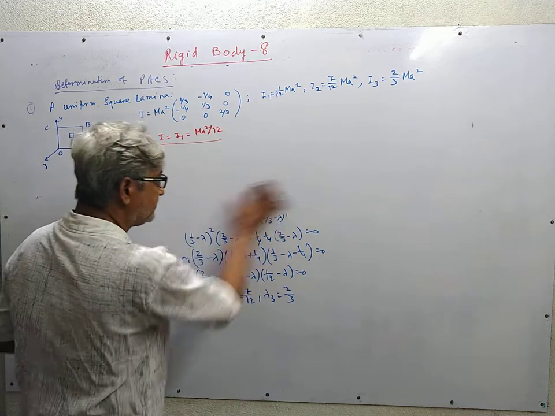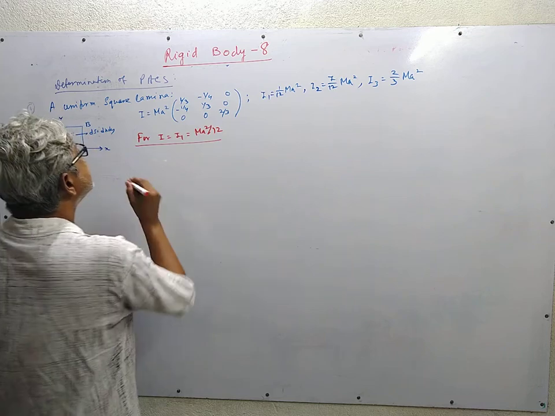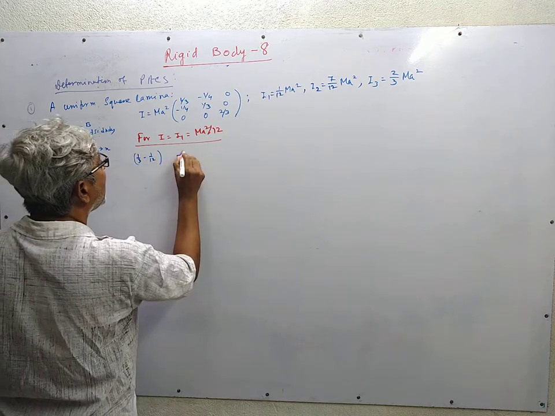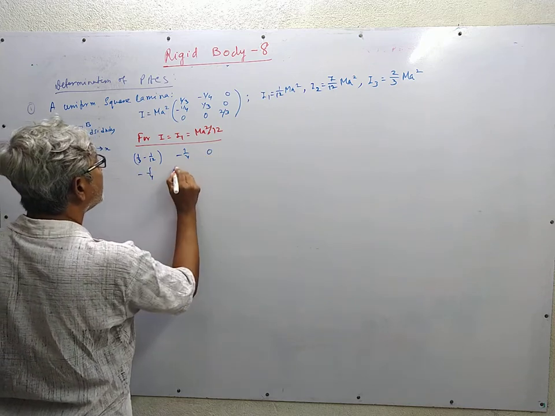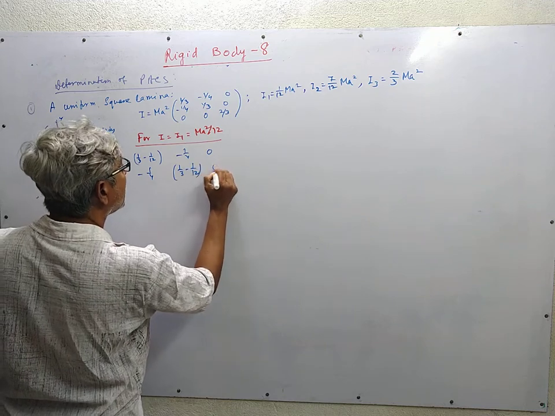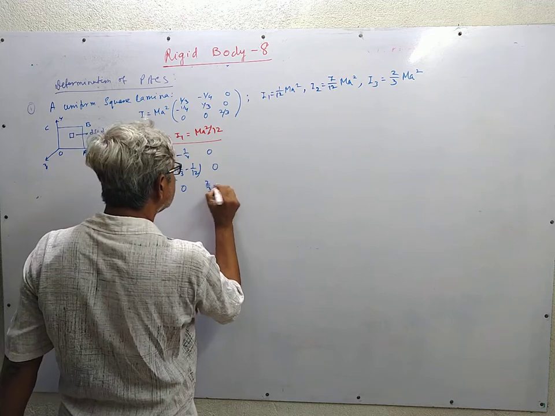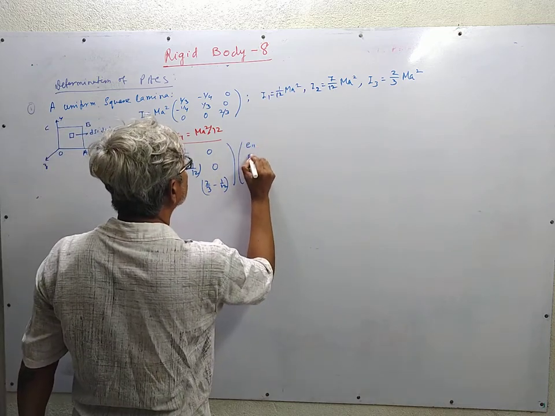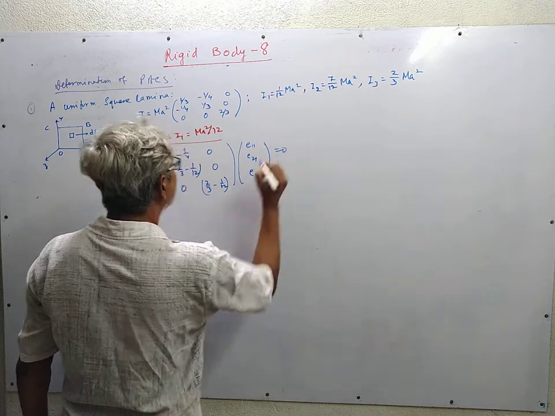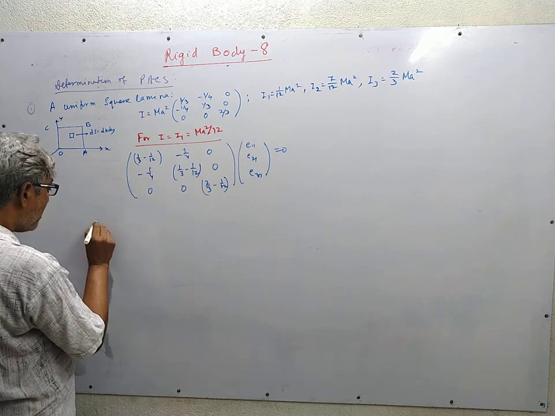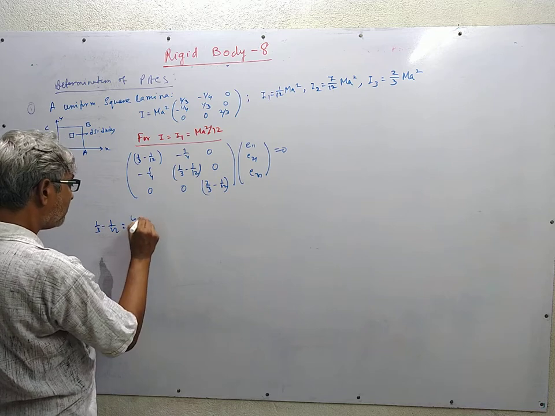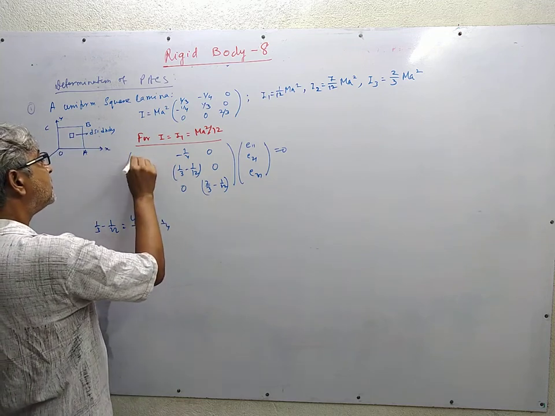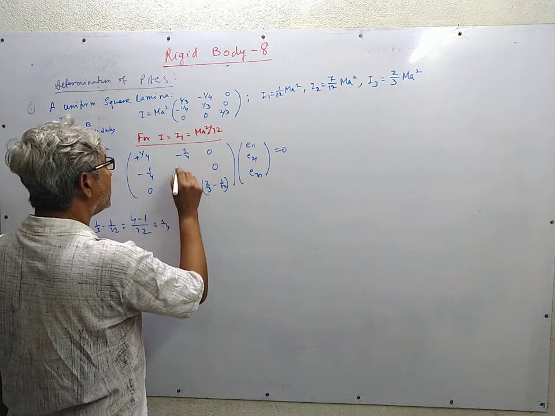We have 1 by 3 minus 1 by 12, which is 4 minus 1 over 12, so this is plus 1 by 4, and this is also plus 1 by 4.